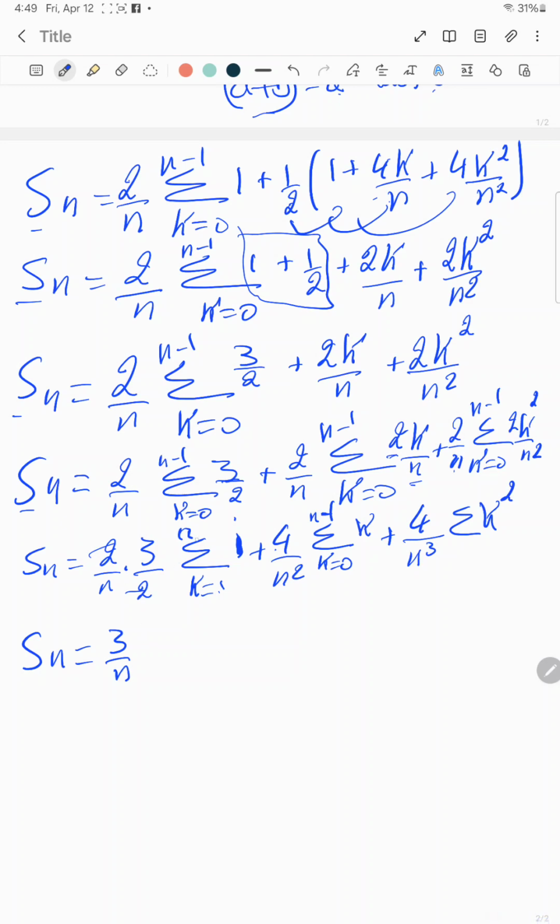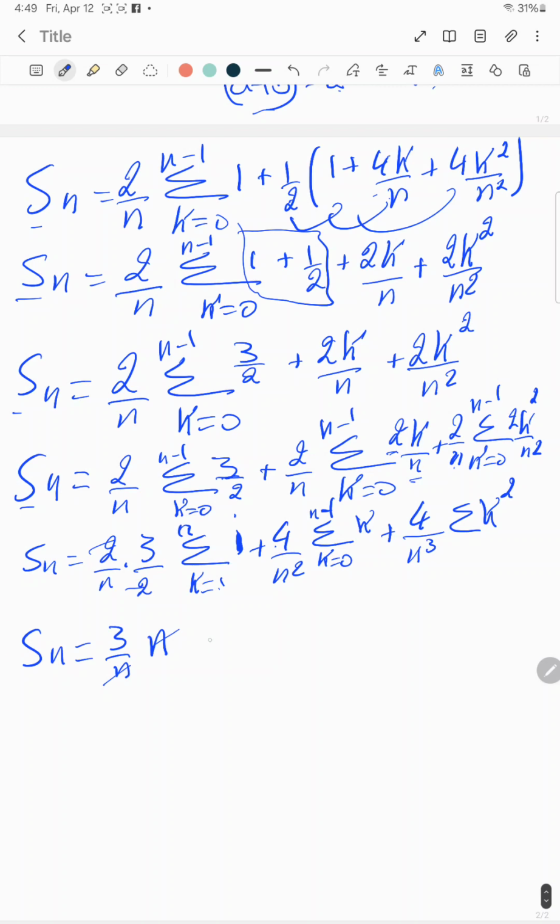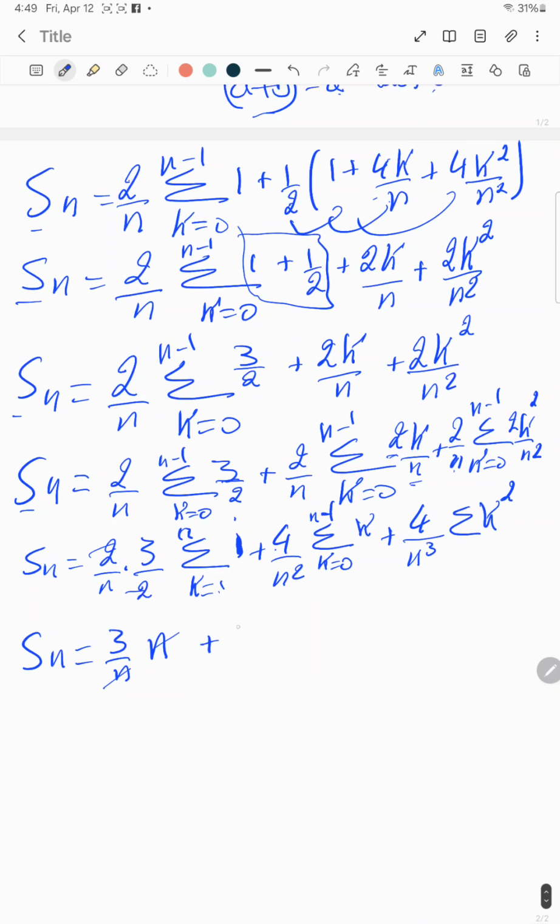And here it becomes n times 1, it becomes n here. So the n and the n would be simplified. Plus 4 over n squared.